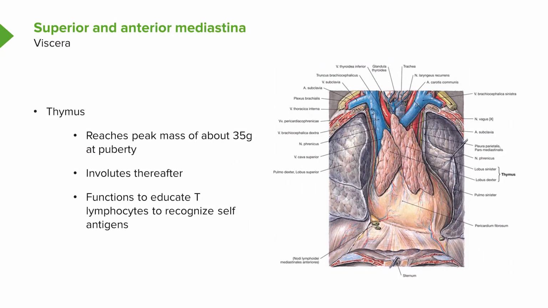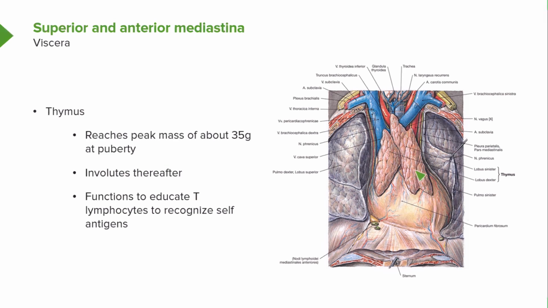In the superior and anterior mediastinum, up until puberty and a little bit beyond, your major occupant that will reside in both of these mediastinum collectively will be the thymus gland. The thymus gland reaches its maximum mass at around puberty, and that mass is in the neighborhood of 35 grams.